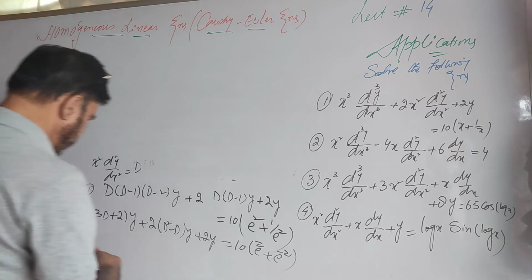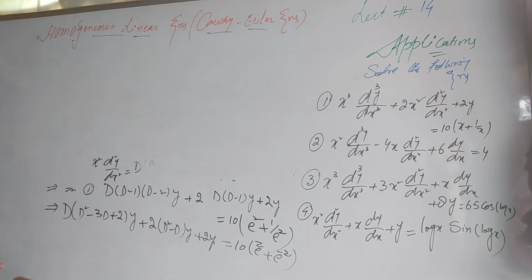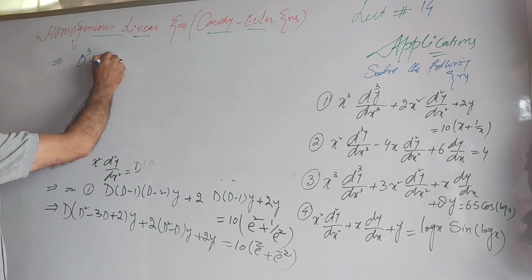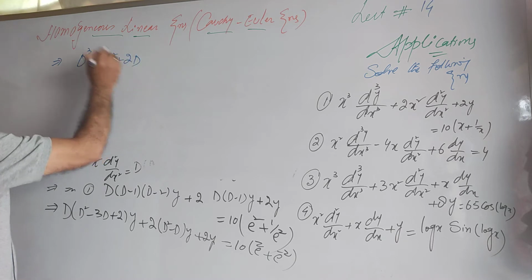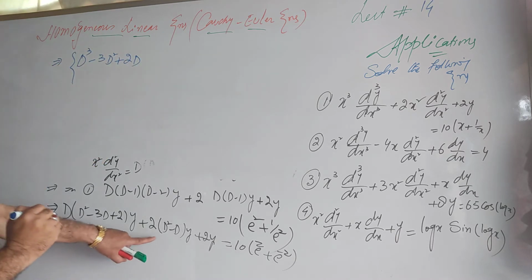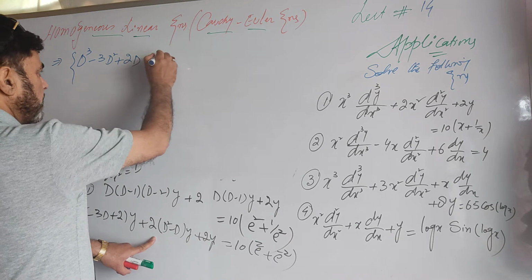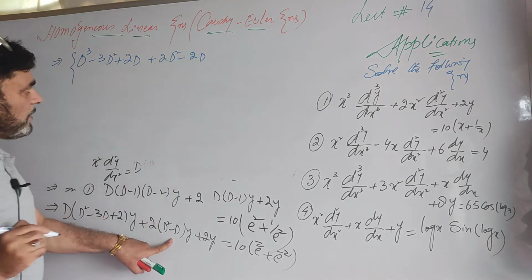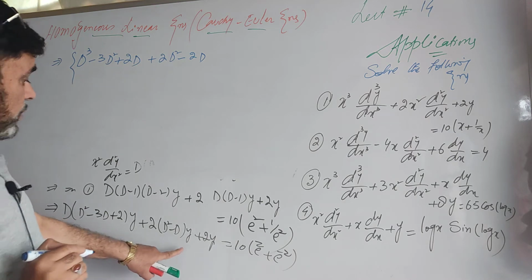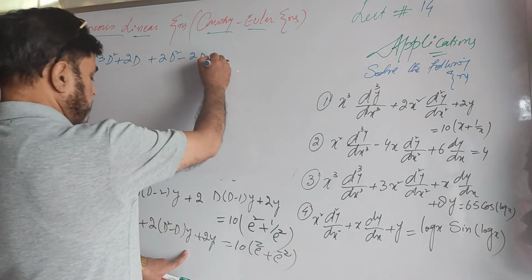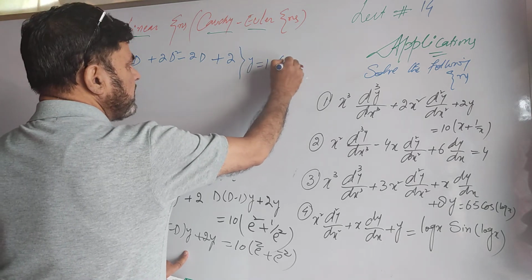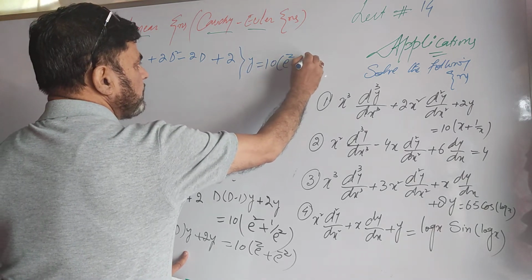Well, this gives me D cube minus 3D square plus 2D, I will take y outside, plus 2D square minus 2D plus 2, into y is equal to 10 times (e raised to power z plus e raised to power minus z).